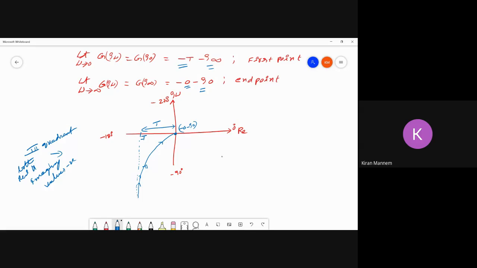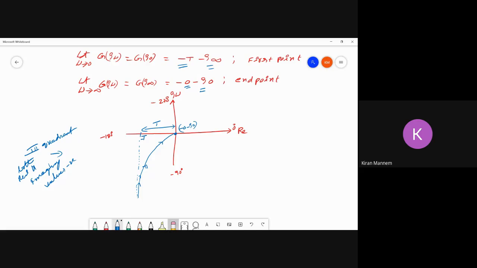Recall your root locus technique. Whenever one branch is terminating at infinity, we will draw one asymptote line and your root locus branch will follow that line. So similarly here also, you should have a point at minus t and the imaginary term is always infinity, right?